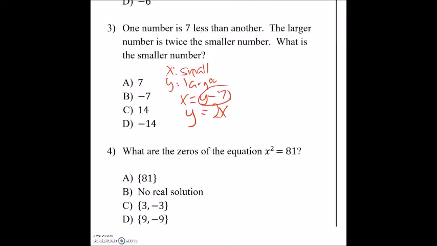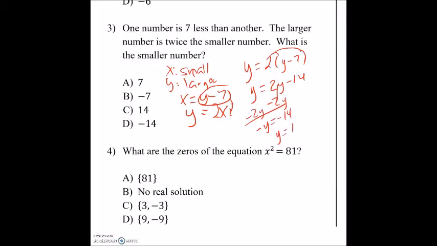So we're going to substitute in for this X. So I have Y equals 2 times (Y minus 7). Y equals 2Y minus 14, because we distribute. We subtract 2Y from both sides, so we end up with -Y equals -14.